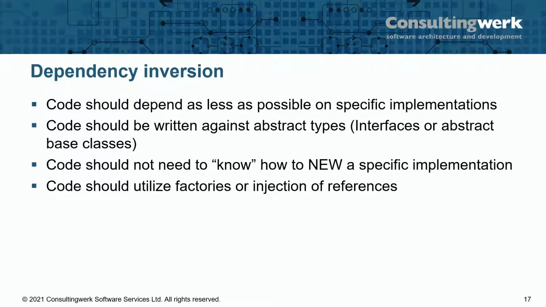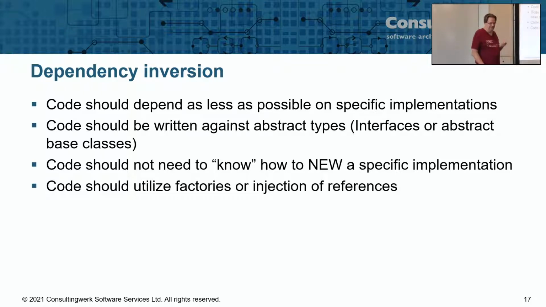So dependency inversion is when you write code, you should depend as little as possible on specific implementations. So you should always code against interfaces or abstract base classes. But usually interfaces are the better choice. You should only very rarely use a new keyword in an actual class; I should always have a good excuse for that.